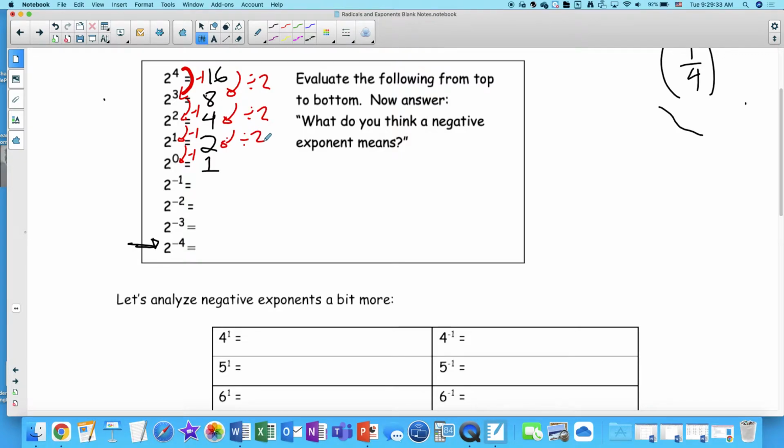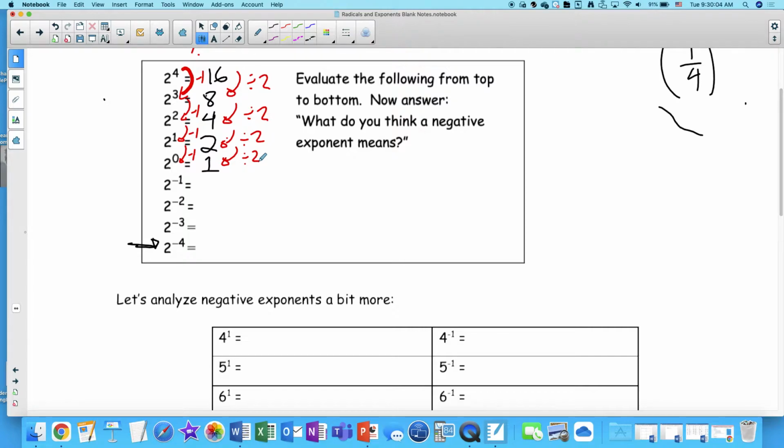Okay, so if we're trying to figure out, well, what would this one be? 2 to the 0. It should follow the same pattern on the right, which is that we take the previous one, we divide it by 2. And 2 divided by 2 is 1. Okay, now this continues. You haven't seen any exponent below 0 yet. Yes, below 0. I was going to say below 1, but actually you have seen, yesterday you saw exponents that are below 1, like 1/2.